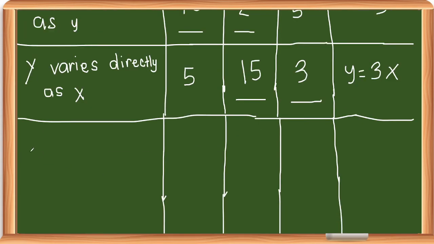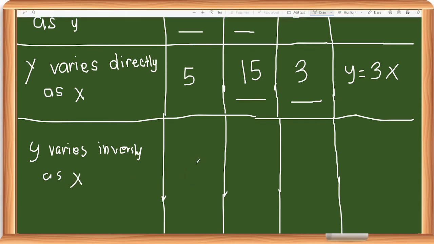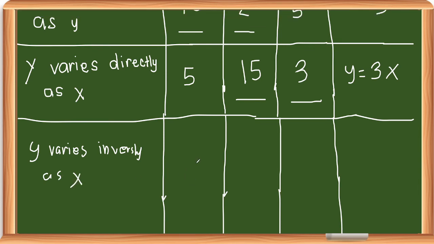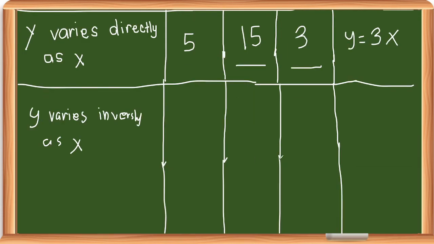Ngayon, paano naman kung yung y varies inversely as x, no? So, for example, given yung k, for example, yung k mo is 4 over 5.